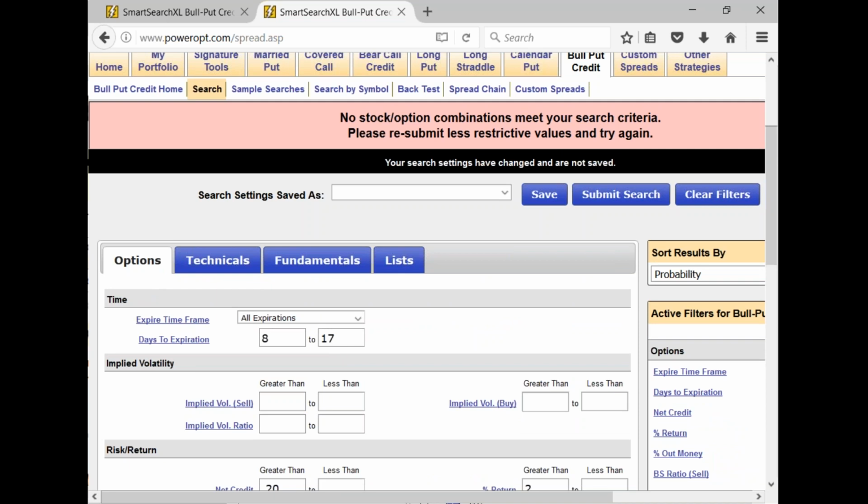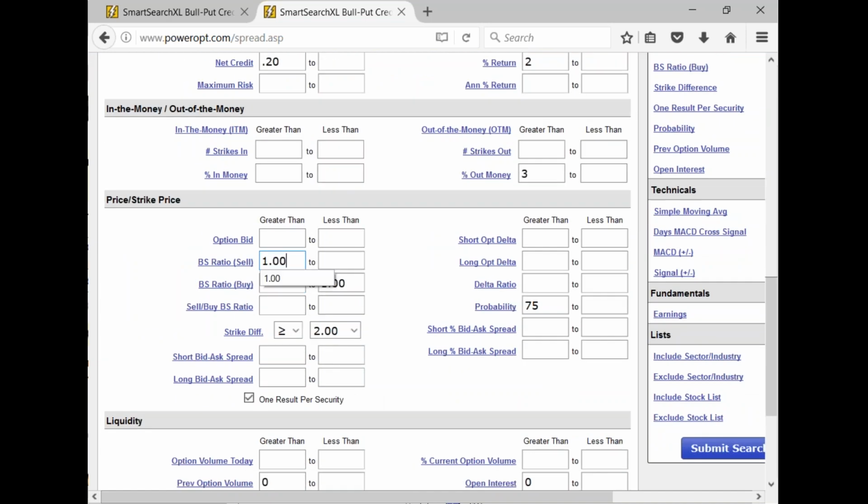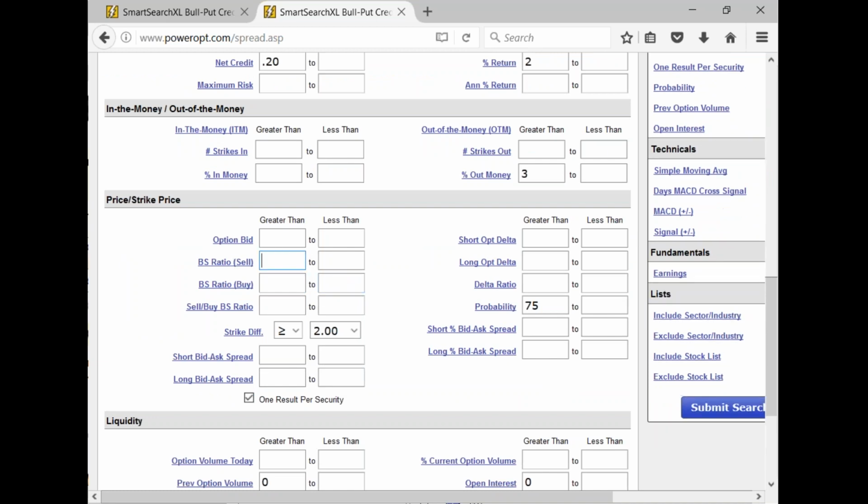They're most likely all going to be overvalued because of the IV to HV ratios. Okay? Very rarely will you find a position in a spread where the option you're selling is considered overvalued and the option you're buying is considered undervalued. If it's on the same stock, they're most likely all undervalued or all overvalued.